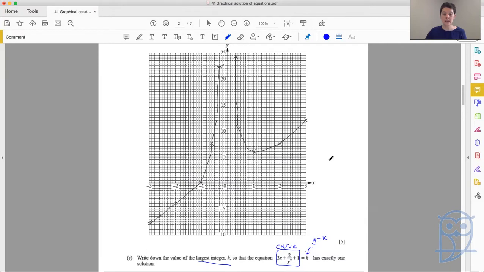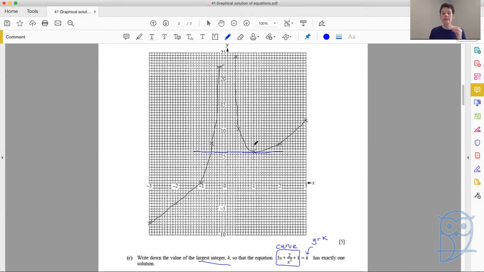Well, we look carefully at our curve and we see that more than one solution starts here. If we put a more accurate horizontal line across here, we hit the curve more than once. More than one intersection means more than one solution. So we have to work down from there.